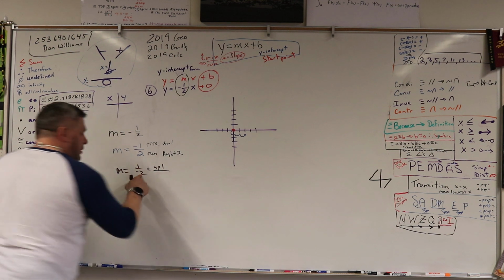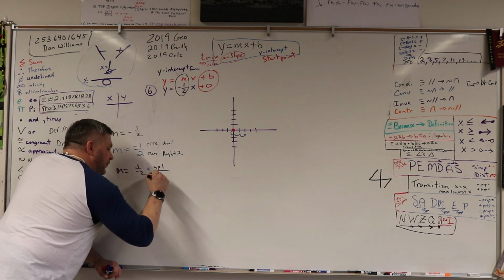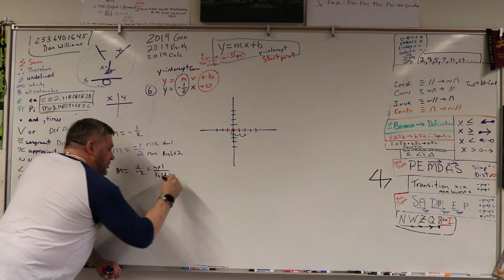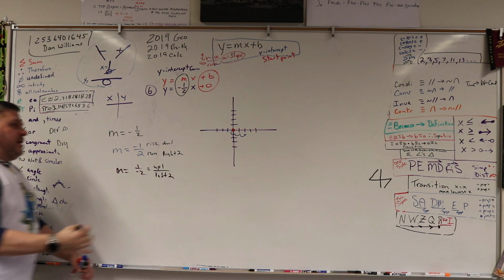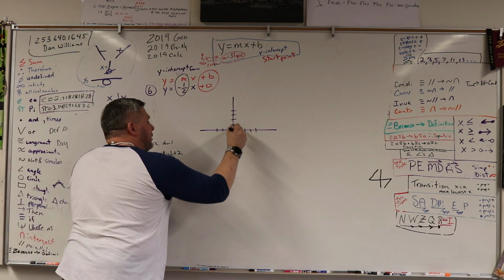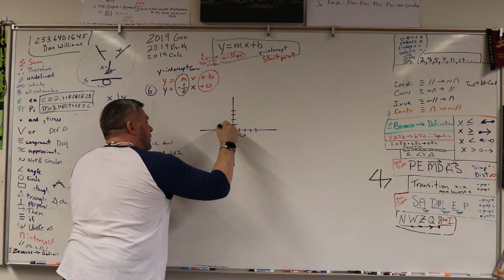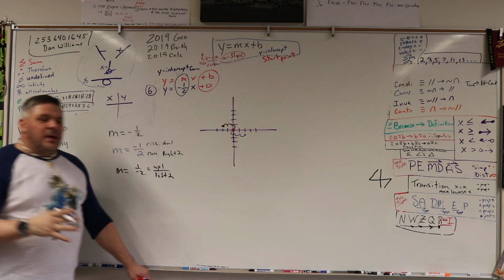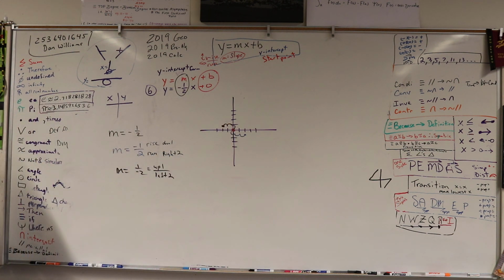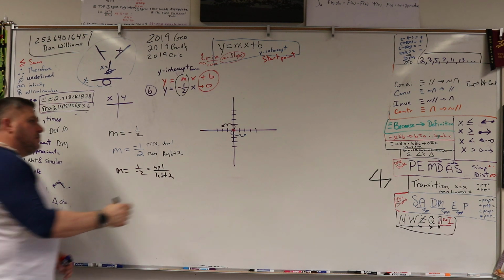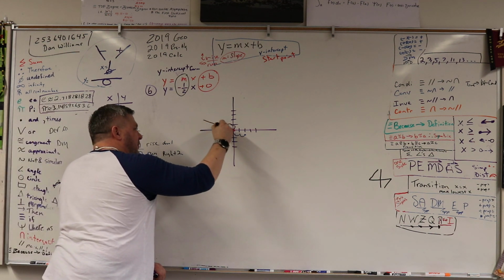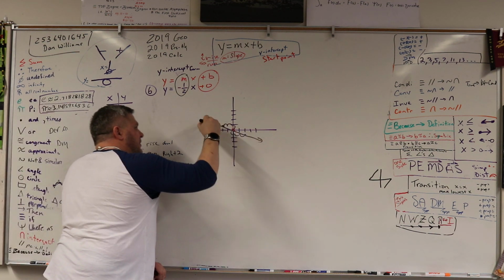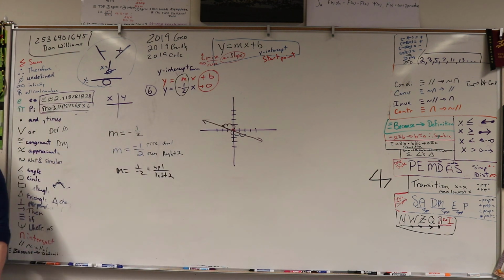How much? 2. Left 2. Okay? That means if I go up 1 and left 2, that would be my point. And do you see how all of those are on the same line? So now my line is really going through like this. And that's how you graph it.